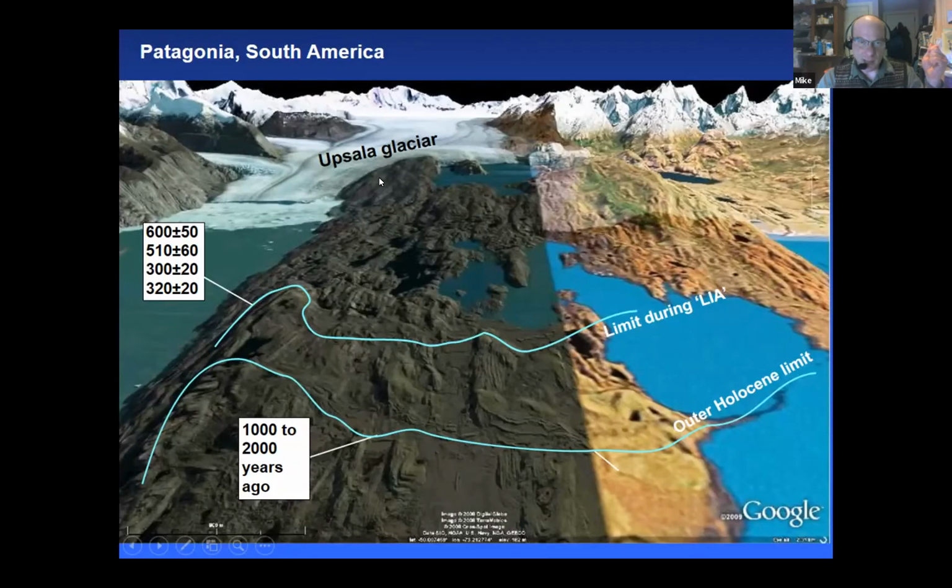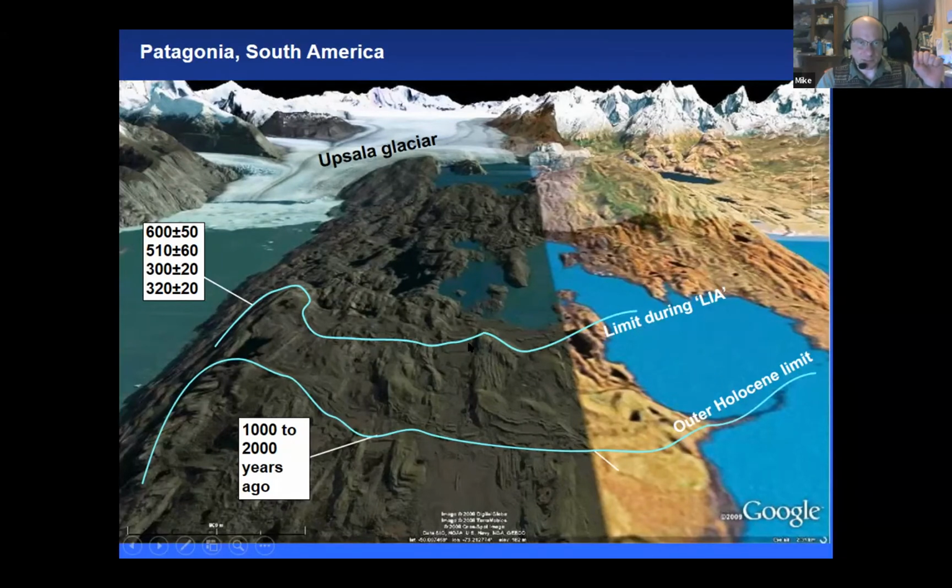So the Uppsala Glacier in Patagonia, at around 50 degrees south latitude in Argentina, was at this blue line during the peak of what we call the Little Ice Age period, from about the 14th or 15th century to the 19th century. I drew another blue line and obtained other ages that are about 1,000 to 2,000 years ago.